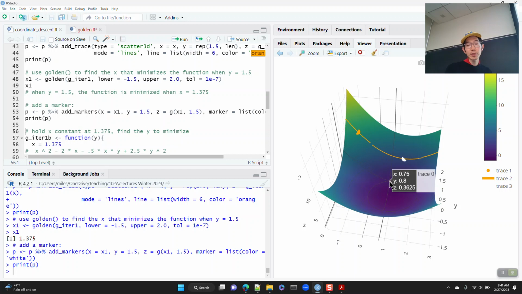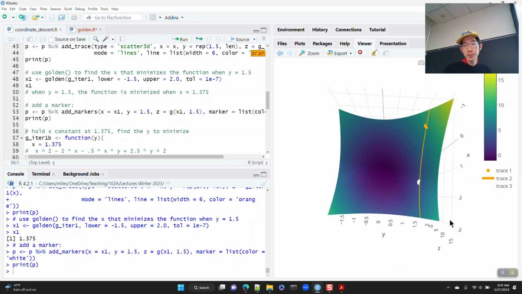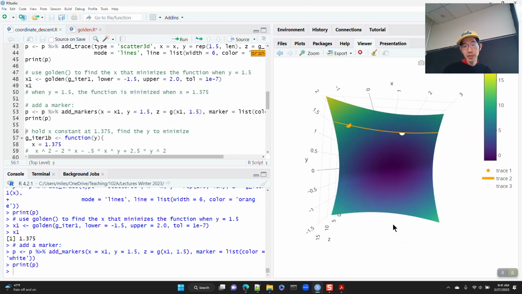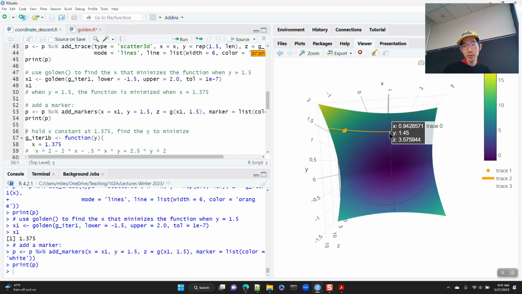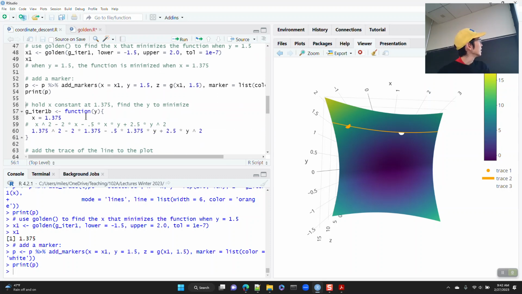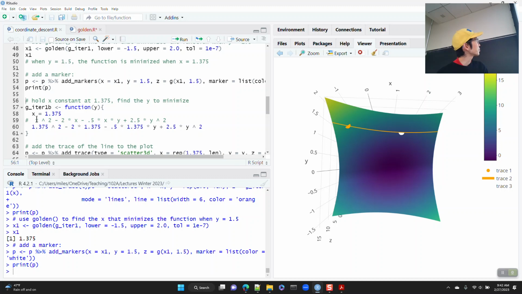So now that I've found the minimum here, I'm going to hold this value, 1.375, constant. So y is locked in at 1.5, we found the minimum of x to be 1.375, and I'm going to lock that in place. Here's my previous function, x squared minus 2x and so on.